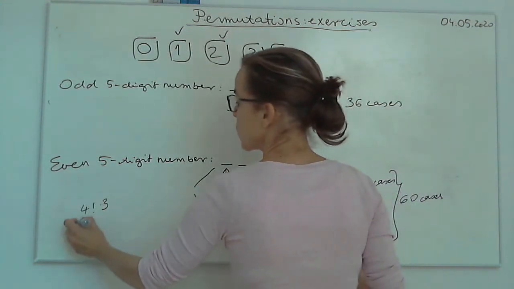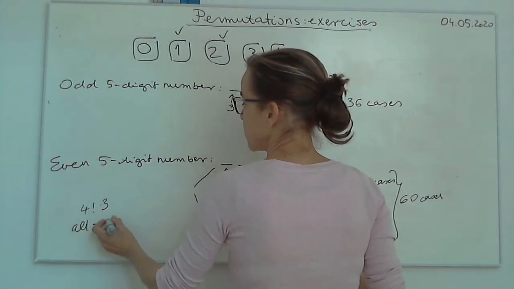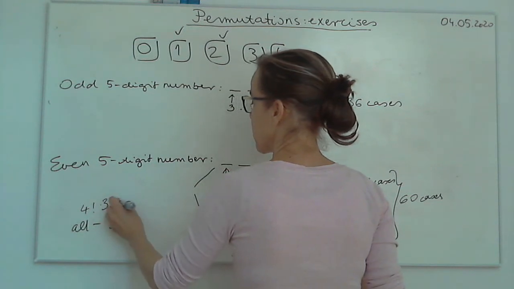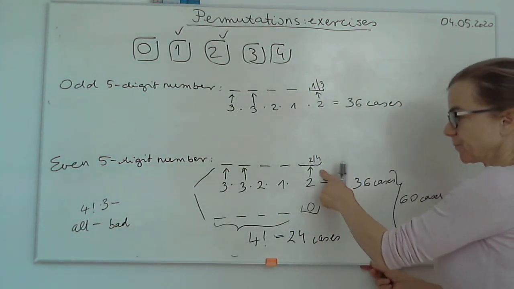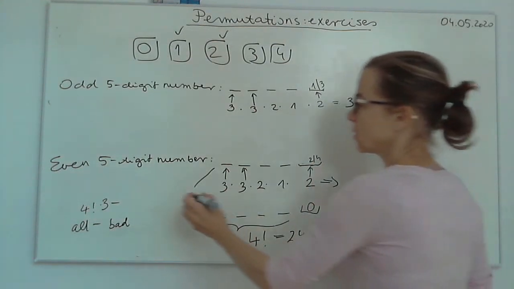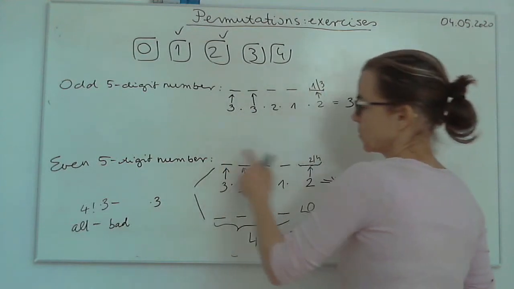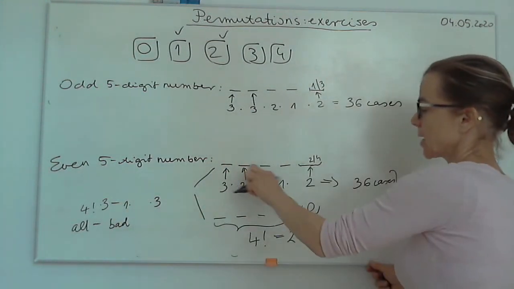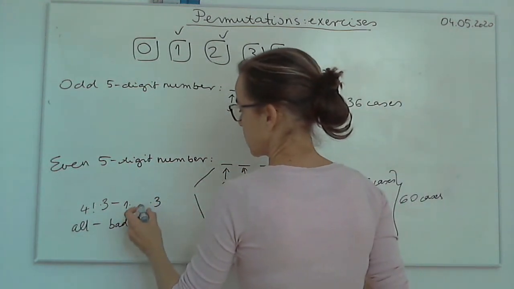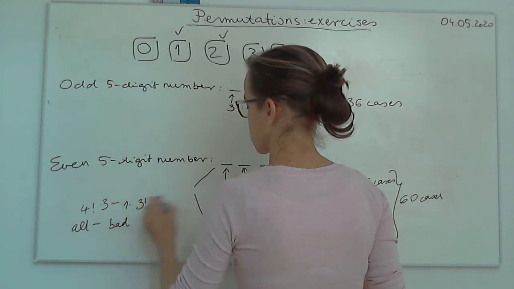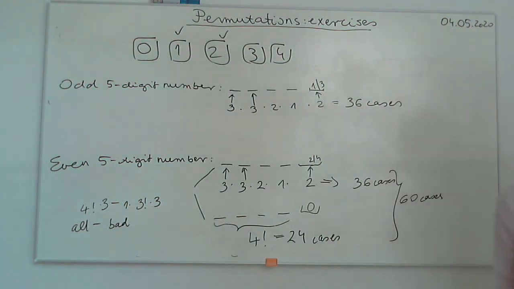And then from all these even 5-digit codes, I'm going to subtract the bad cases, which are still even. So it starts with 0. But 0 is fixed in the first place. This reminds you that there's a 0, and the remaining 3 can be in all possible orders, 3 factorial. Yes? And this gives you exactly the same result.